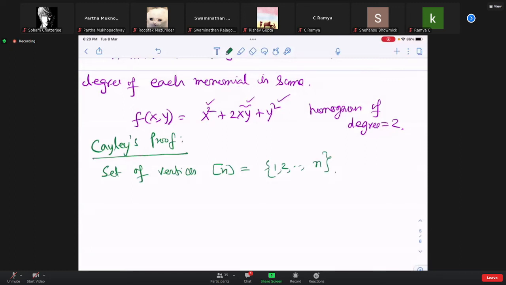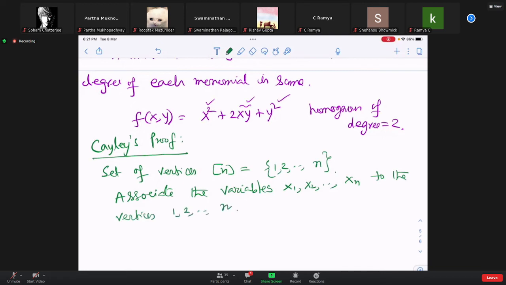The remarkable insight that he has is to associate the variables x1, x2, xn to the vertices 1, 2, n. What do I mean by association?